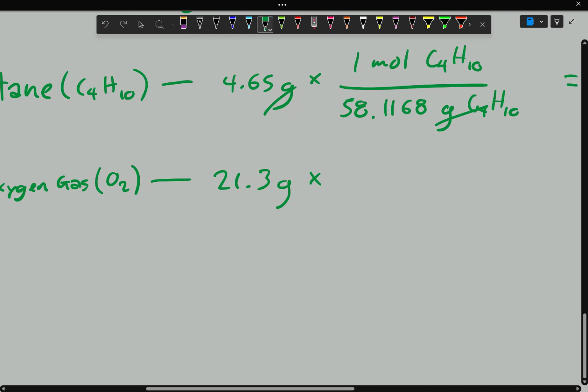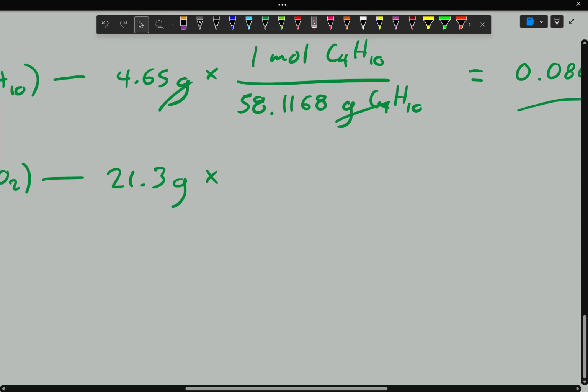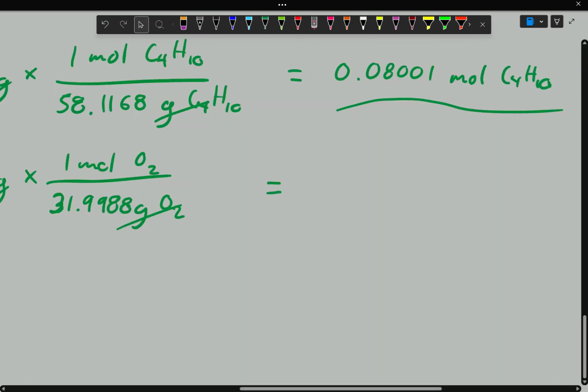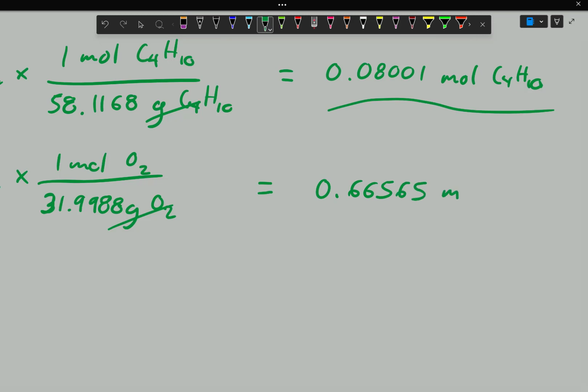If we multiply that by the molar mass ratio, we calculated earlier that there are 31.9988 grams of O2 for every 1 mole of O2. If we multiply that together, the grams cancel, and we're left with 0.66565 moles of O2.